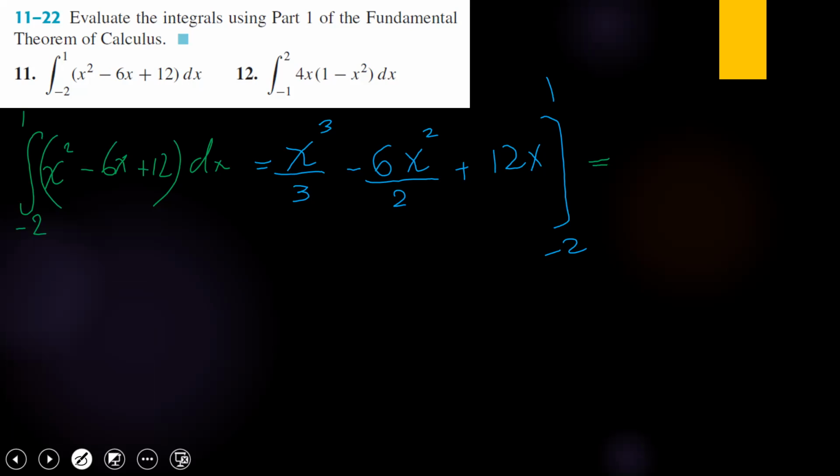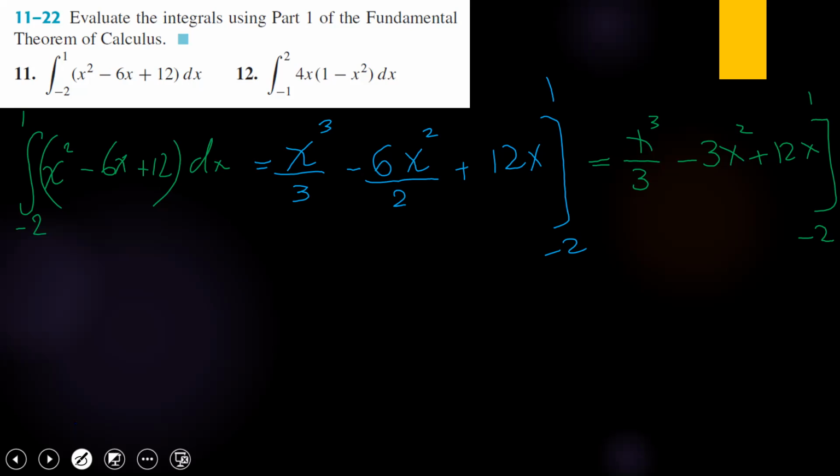Here it is: x cubed over 3 minus 3x squared plus 12x, from -2 to 1. Now let's evaluate. As we know before, we have to evaluate first with 1, then with -2.